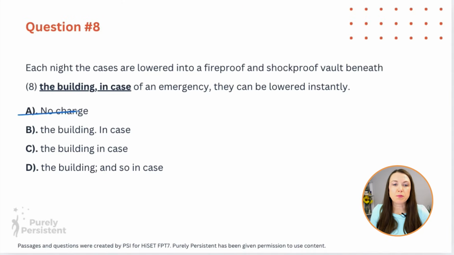Okay, so does B eliminate that run-on sentence where we break the sentences, sort of divorce them into two? Yes, it does. But let's look at our other options. C, eliminating that comma, yeah, it's a comma splice, but just eliminating the comma does not get rid of the run-on. And D, okay, we've got a semicolon.